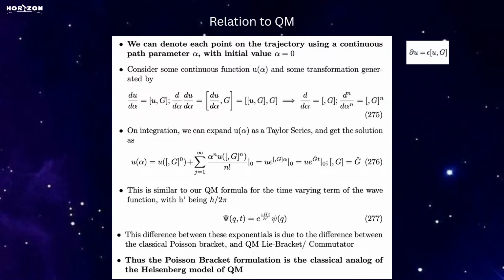If you remember quantum mechanics, there is a very similar equation which arises in the time-dependent Schrodinger equation. When we separate the variables to solve for it, we get this relation over here. The only difference is that there is an i/ħ present. The difference between these is due to the fact that here we use a Lie bracket or commutator, whereas here we use a Poisson bracket.